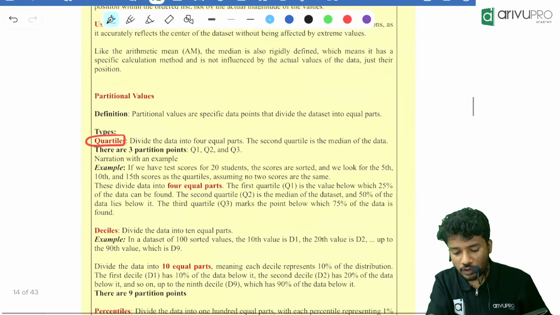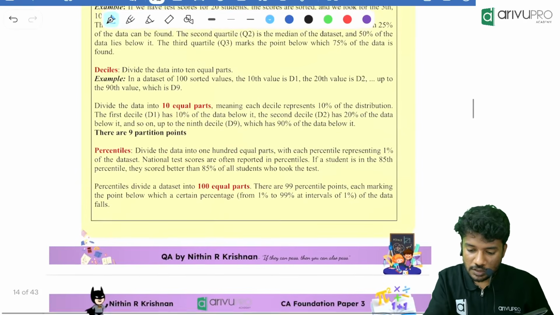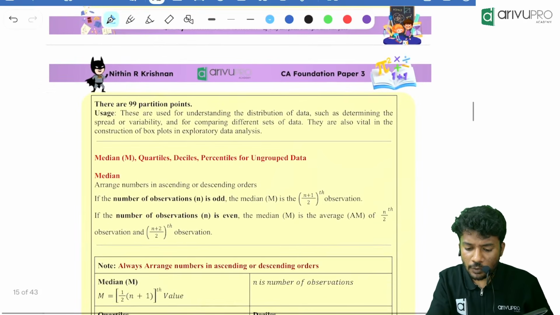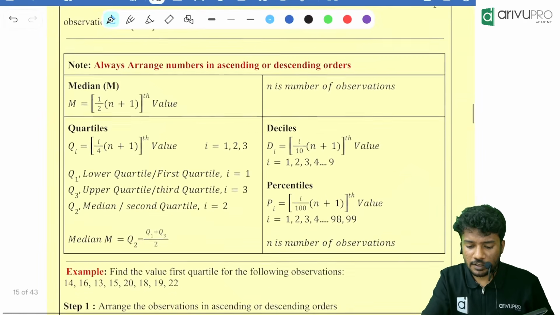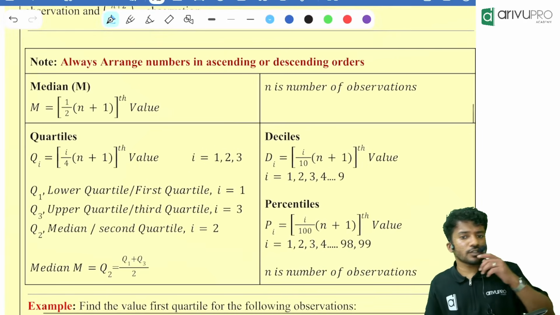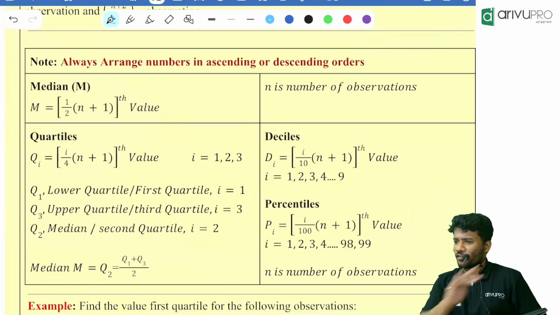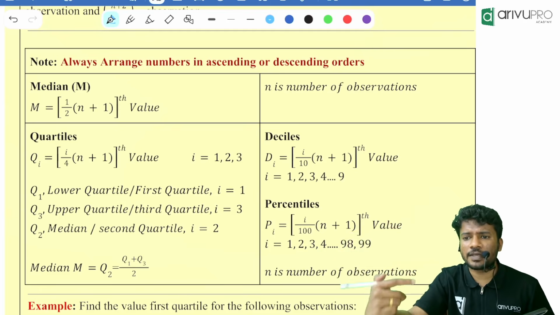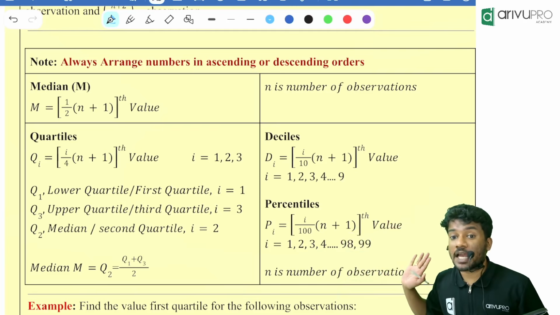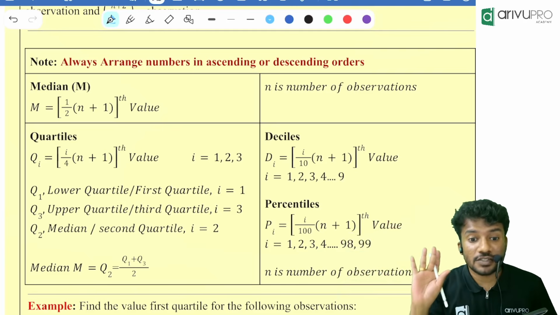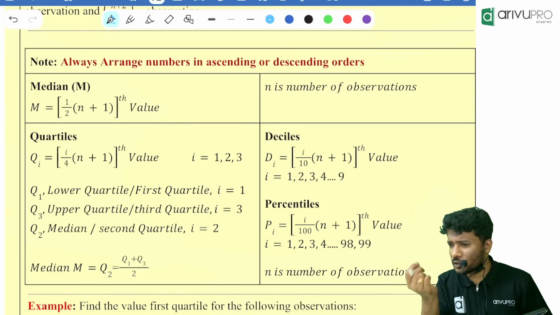Now, we are going for some questions. Okay, look here. This is the method we are going to use to solve the question. For median, percentile, quartile, decile, for all the cases we will be using the same type of formula, and the method is the same. I'll teach you that in a few minutes.